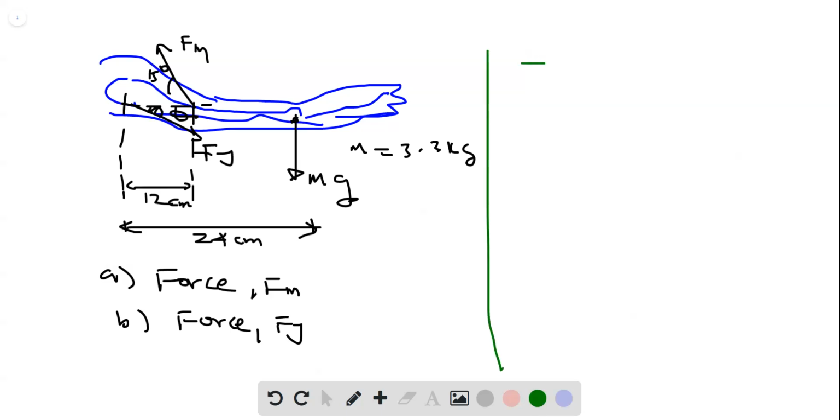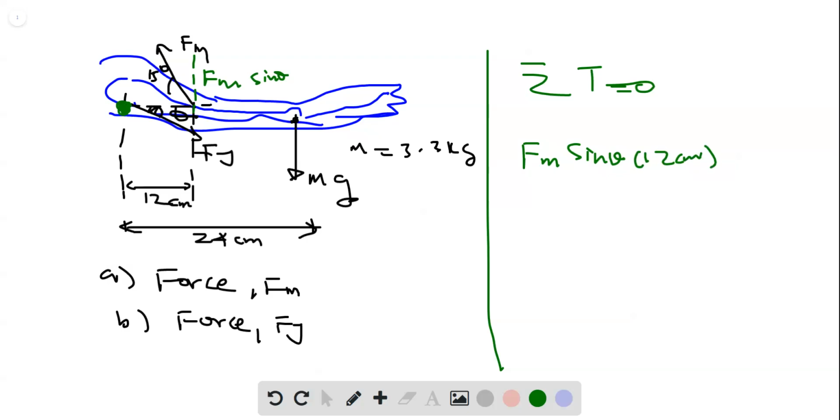So the first part, we're going to say that the sum of torques is 0, assuming the torque from the bone socket is our main interest. Fm sine of theta is a component of Fm. So Fm sine of theta times 12 centimeters becomes equal to mg times 24 centimeters.